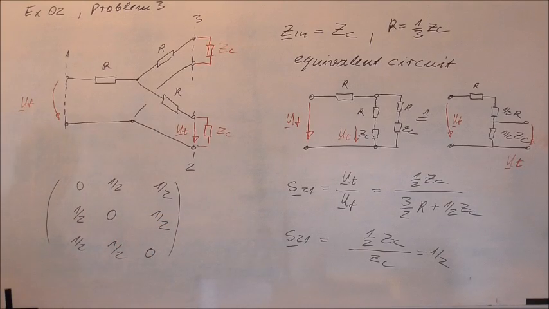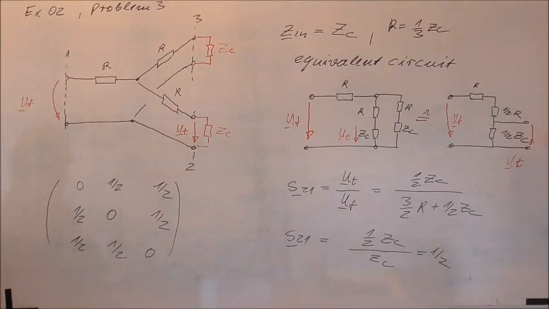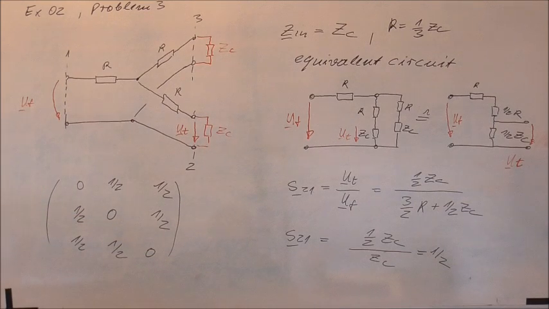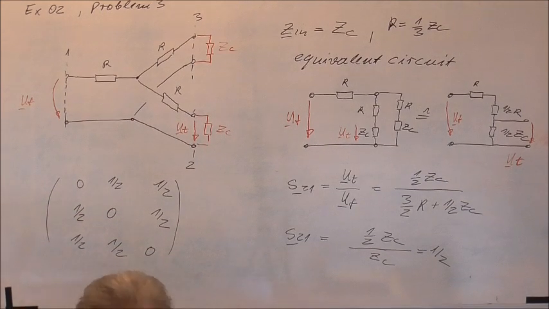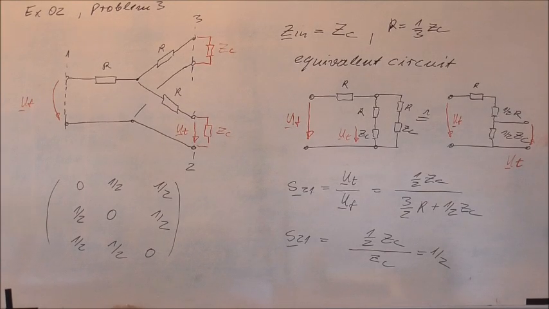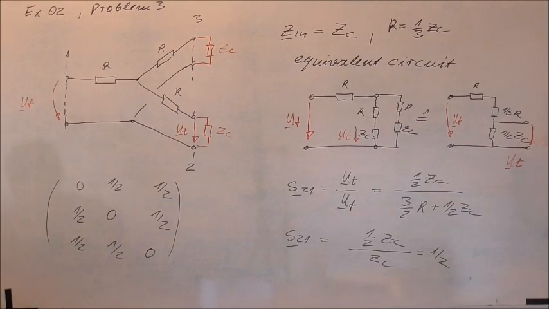These are all the same values. This is because of the rotational symmetry. There we have an ideal power divider now, and one of the advantages of the lossless power divider is that it's essentially frequency independent.